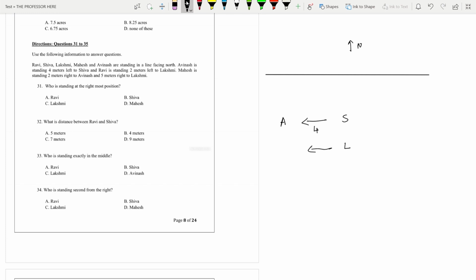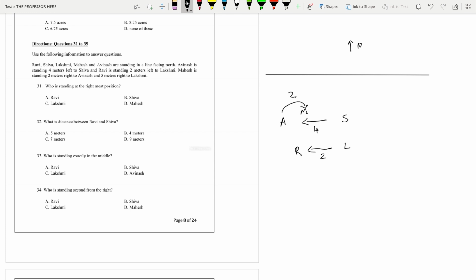Mahesh is standing 2 meters right to Avinash. Avinash here. Here is Mahesh, just 2 meters away from Avinash, and is also 2 meters away from Shiva.